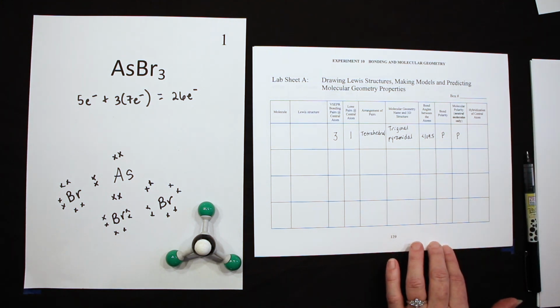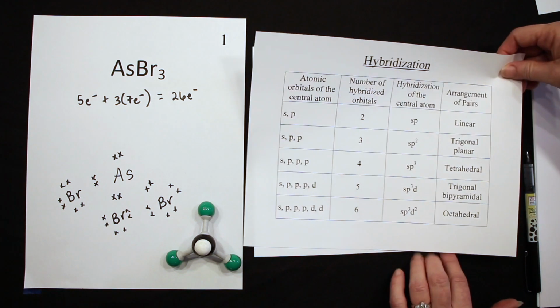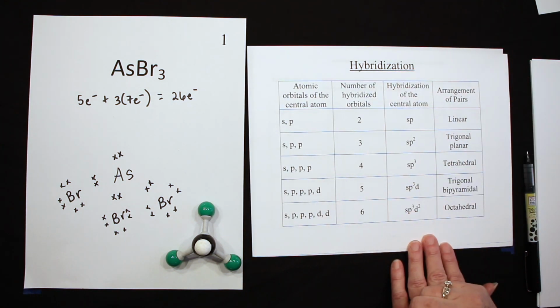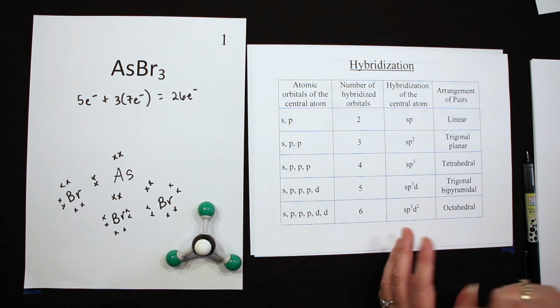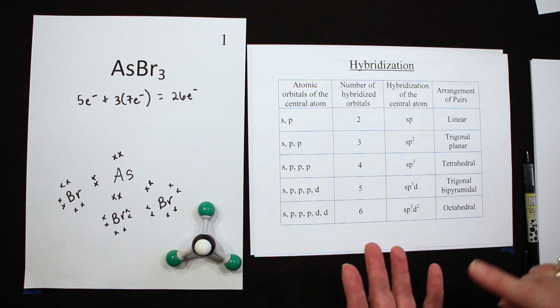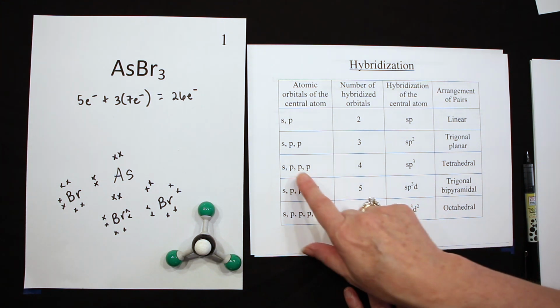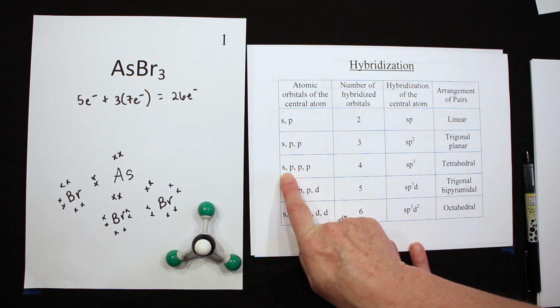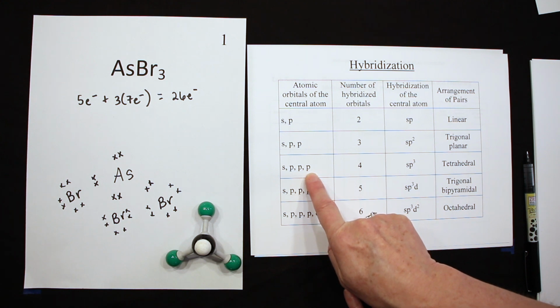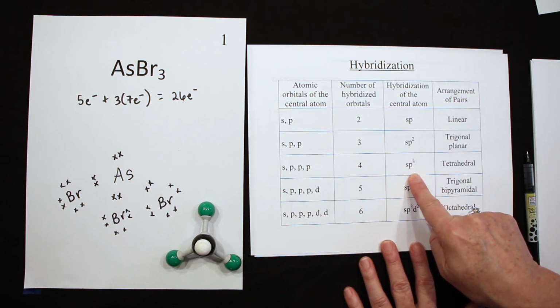And then for hybridization of the central atom, you need to look at the number of atomic orbitals. We have 4 total orbitals here. We've got 1 from the lone pair and 3 from the bonding pairs. And that gives you, we need to hybridize 1 s orbital and 3 p orbitals. We call that sp3.